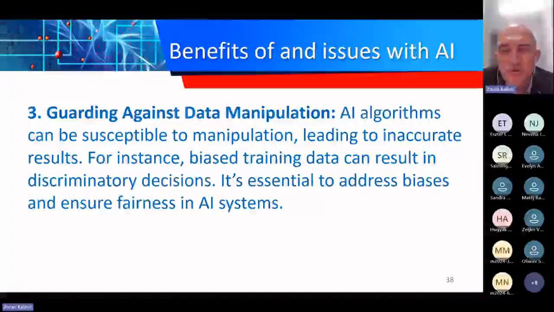For example, if you are building a system for hiring new employees, a human resource system based on artificial intelligence, and you use, of course, previous data to teach or to train your system, what could be a problem if all your previous data about hiring new personnel have been biased?